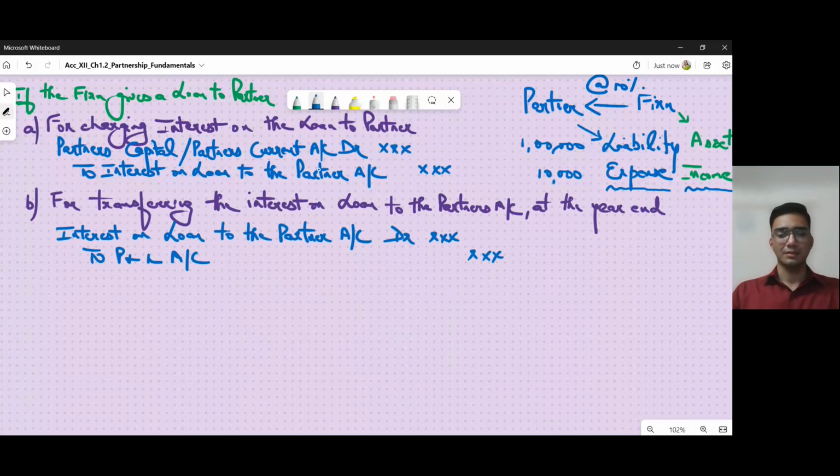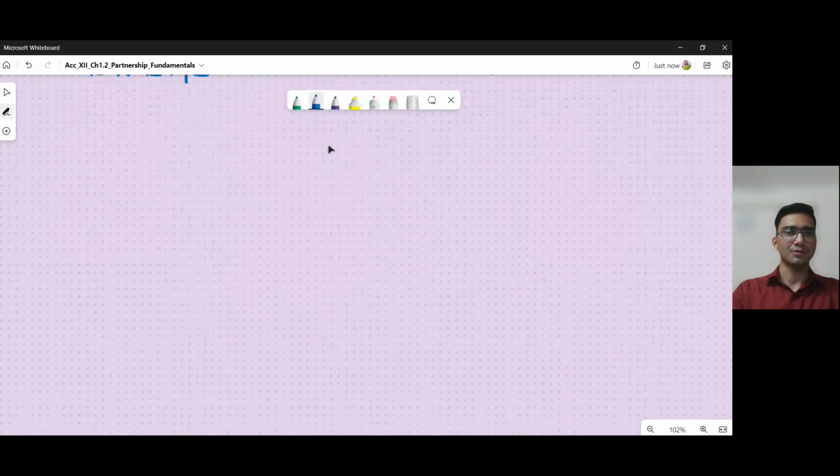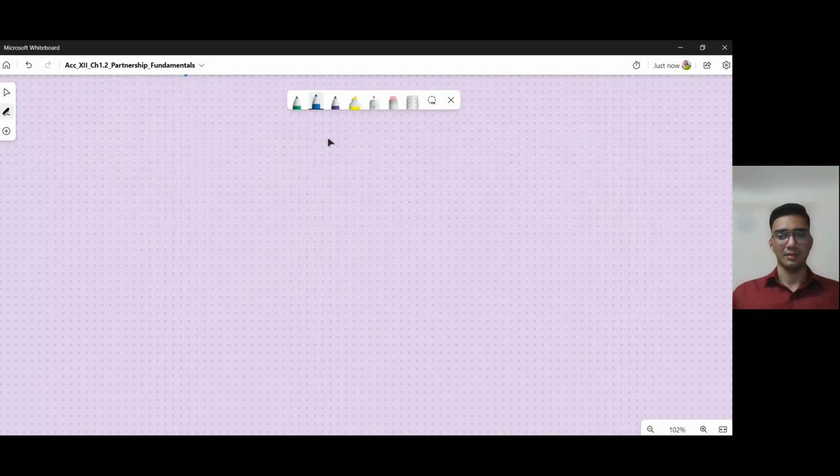Now let's come to the next charge against profit. We have done one, and this was just the opposite of that. Now the second one which we're going to do is the rent paid or payable to a partner.